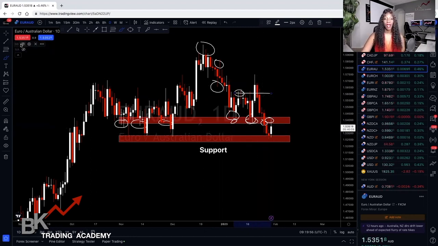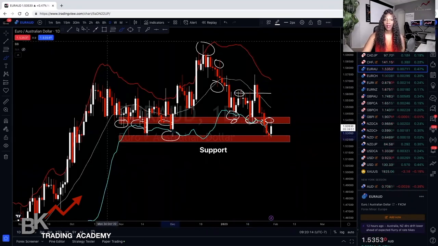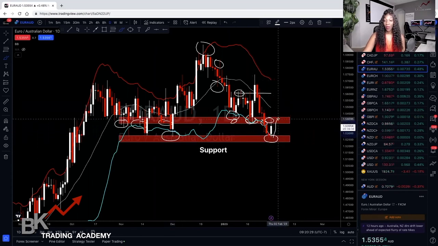Now, if I apply, for example, my Bollinger Band, when the price is at the bottom of the band, you're going to look to buy, okay? So notice here, this is support. Notice how the price fell and retested support. Notice how price is sticking outside of the Bollinger Band and the price moved upward. Where did it stop? It stopped at our resistance.